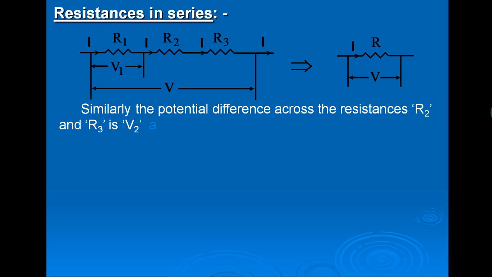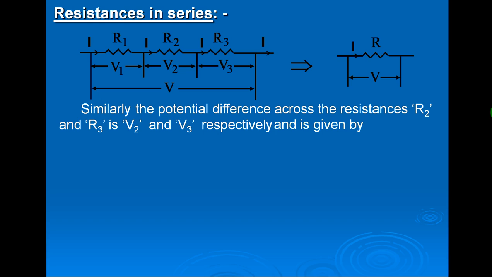Similarly, the potential differences across the resistances R2 and R3 are V2 and V3 respectively, given by V2 is equal to IR2 and V3 is equal to IR3.